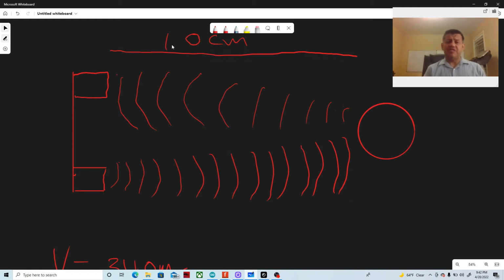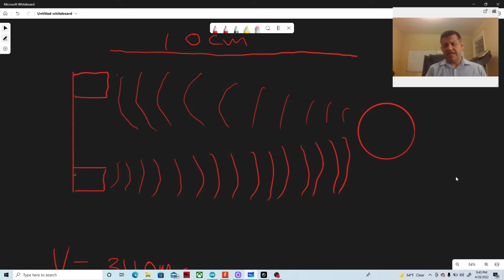For this specific example, to make things a little simpler, you can actually use any number. In this case, we're using 10 centimeters as the distance between the object and the sensor.